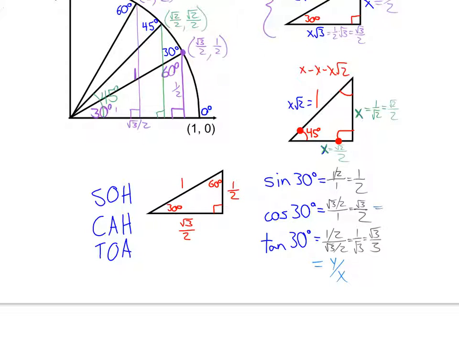This was our x. This was our y. So how else could we write tangent? Sine over cosine. Aha! Sine of 30 over cosine of 30 gives us tangent of 30. That's actually an identity we're going to use a ton.